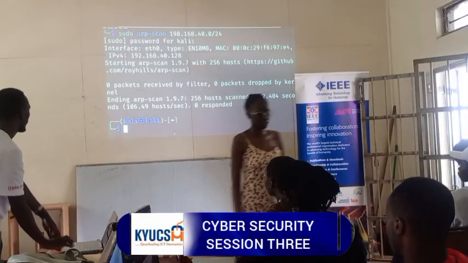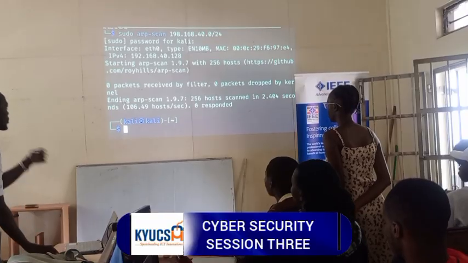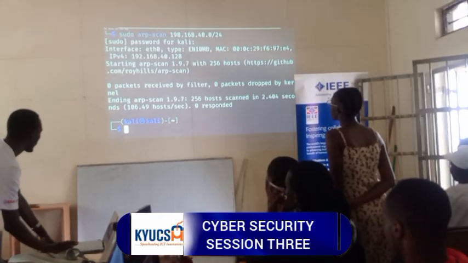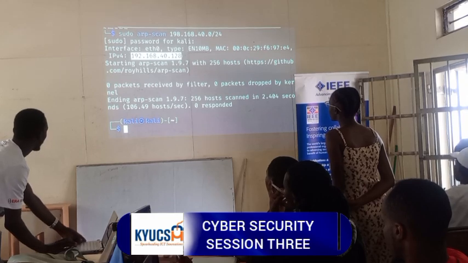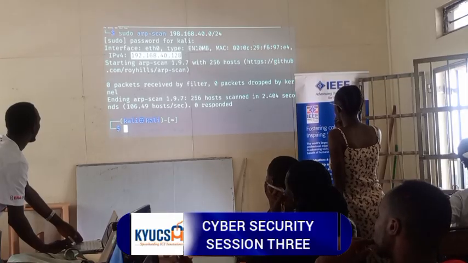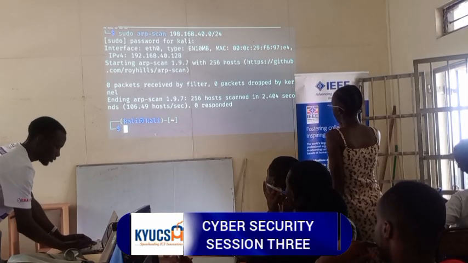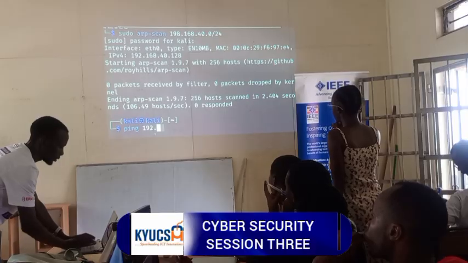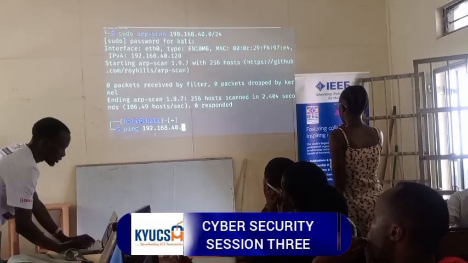And you realize that I think I've only returned one, right? Because it's only going to the other device, what you open in the environment, the Metasploitable. So if I'm to continue right here, 192.168.40.130.